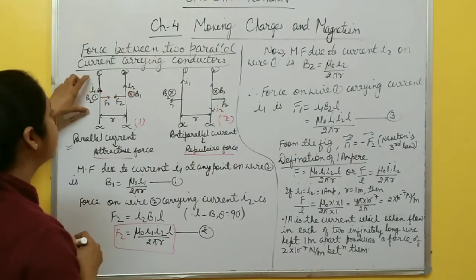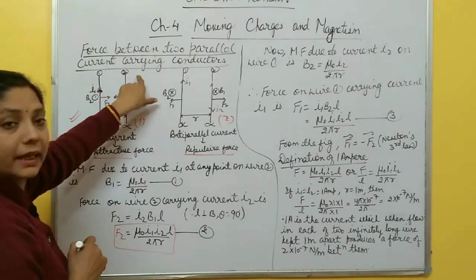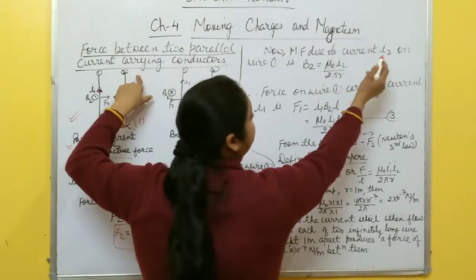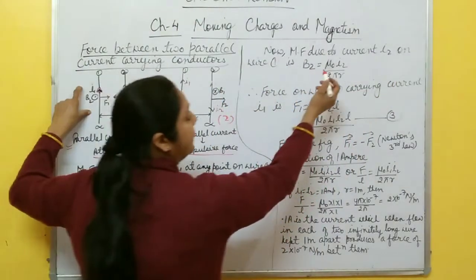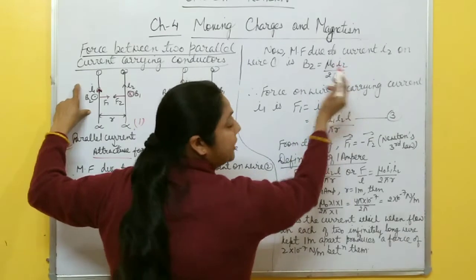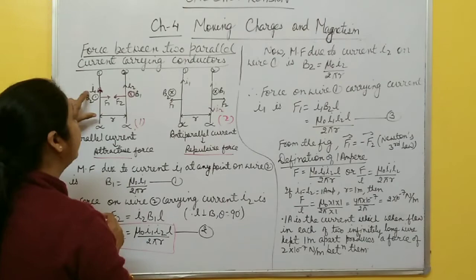Now, what is the force experienced by this first wire? So, here magnetic field is due to second wire. Magnetic field due to current I2 on wire 1 is B2, and B2 is given by mu naught I2 by 2 pi r. Now, what is the force on wire 1 having current I1?